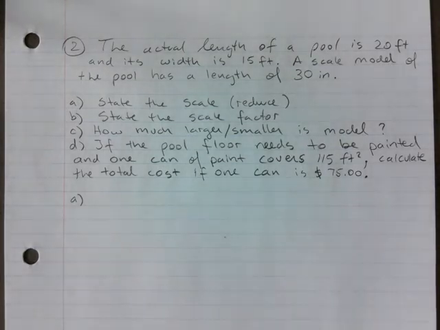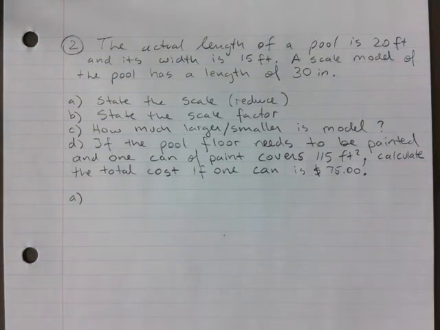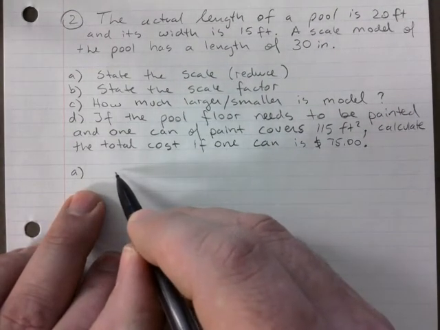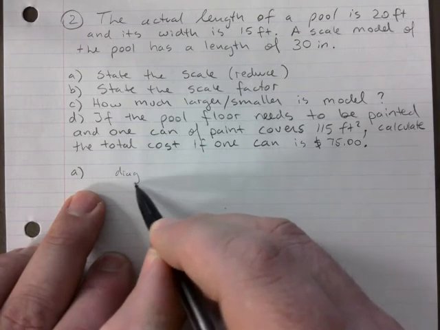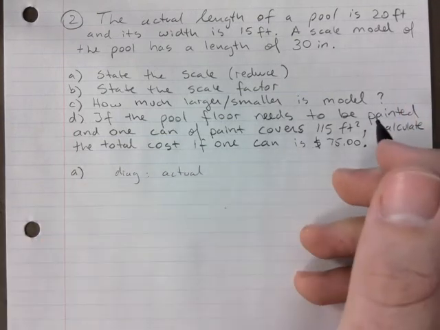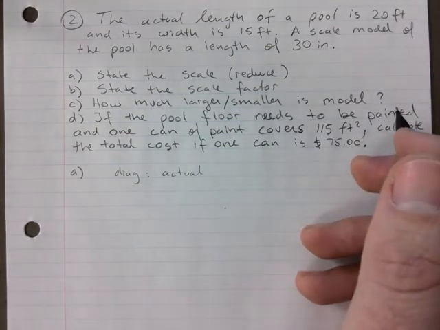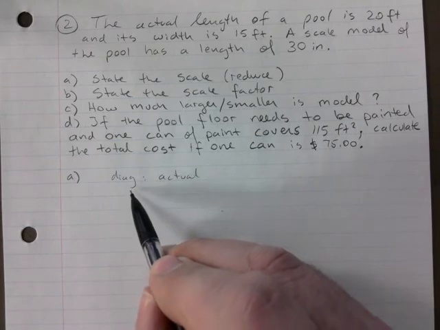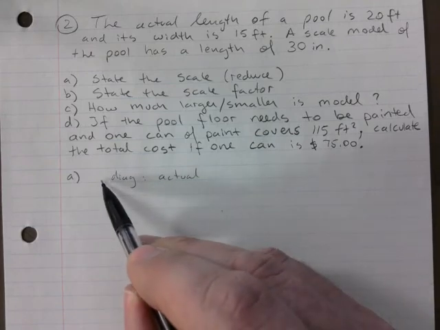You have a little bit of time. So why don't you try A and B? You can do it on the side. Please. Okay, so scale. We want diagram, actual. I'm using diagram actual because the scale model is a smaller version of it. And so you have to be careful here. Can I be more specific?